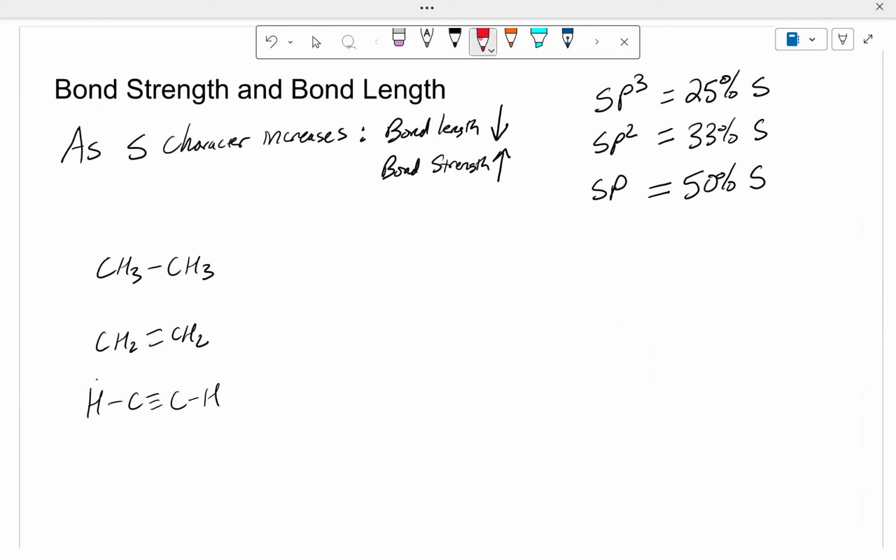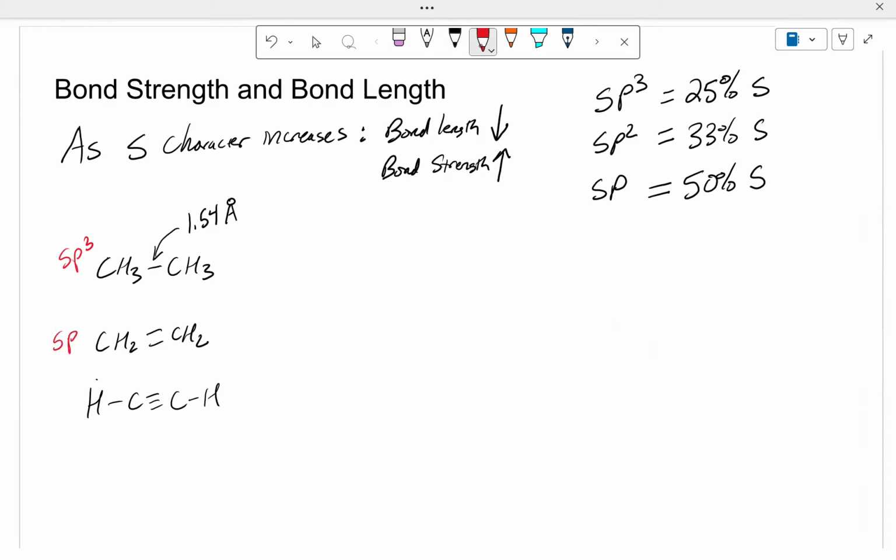So in the first example, these carbons are sp3 hybridized. Now the bond length here is about 1.5 angstroms. That's not a number I want you to memorize. Okay, you're not memorizing any numbers here. What I want you to look at is the trend.